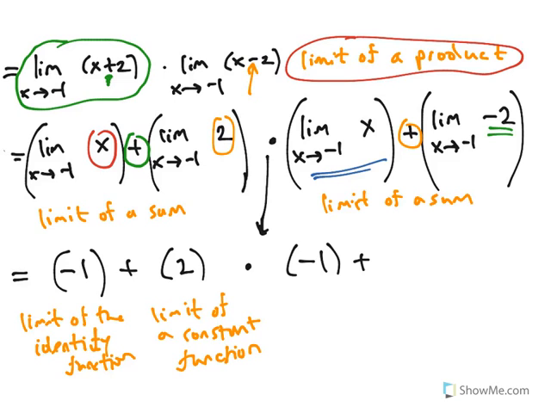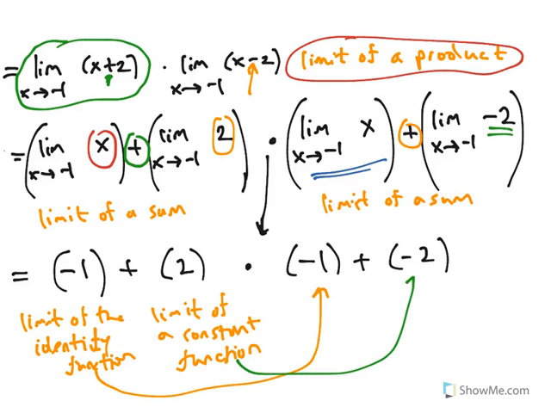The limit of the constant function f of x is equal to -2 as x approaches -1 would be just -2. So again, we're using the limit of the identity function and the limit of a constant function once again.